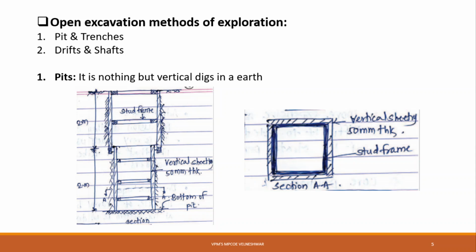According to IS 4453 1967, the recommended clear working space for a pit is 1.2 meter by 1.2 meter. So one man can go inside the pit and work properly.